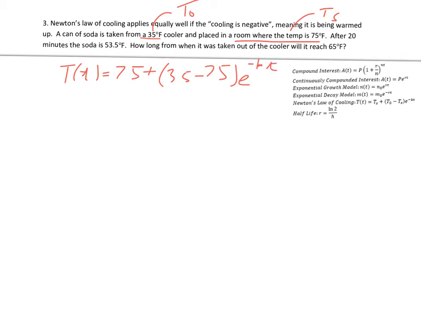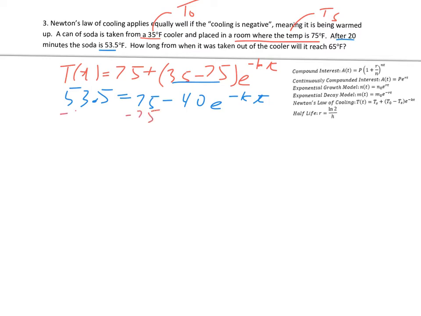And then I'm going to use this other point that they gave me, the 20, 53.5. So I'm going to plug that in for temp. I'm going to call this negative 40. So actually, why don't I just do it as minus 40 times e to the negative kt. This parentheses should always be negative if it's heating up, because we're kind of using Newton's law of cooling backwards, which is fine.